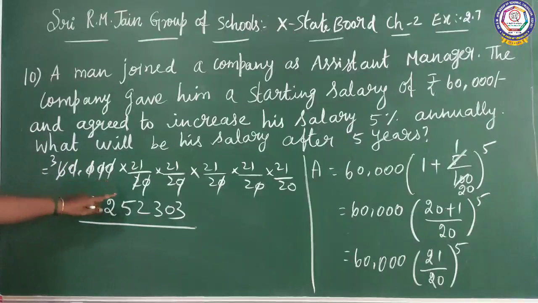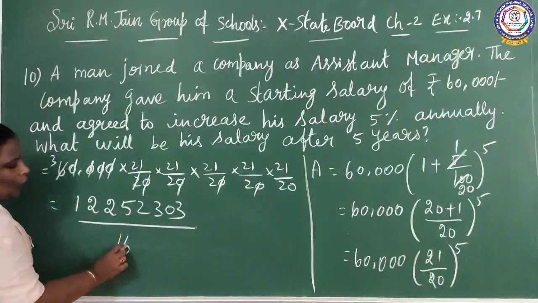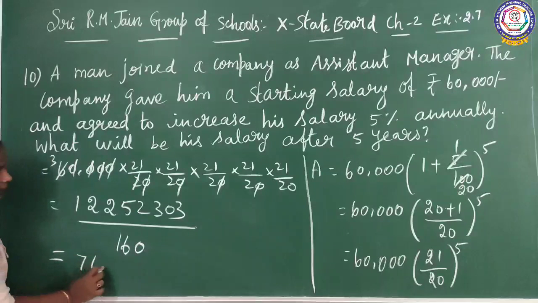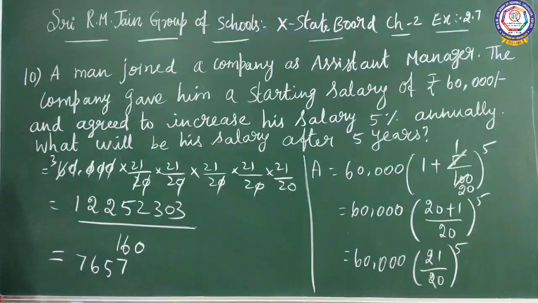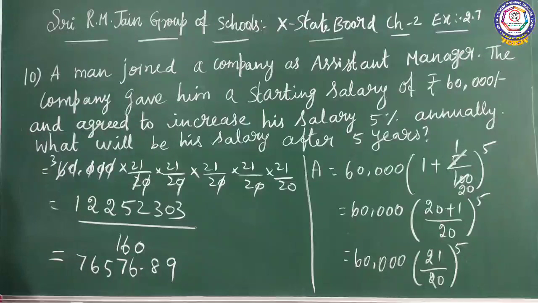What is the value? 2 2s are 4, 4 2s are 8, 8 2s are 16, divided by 160. So if you divide, what is the answer you are getting? 76.89. So what is it after 5 years?